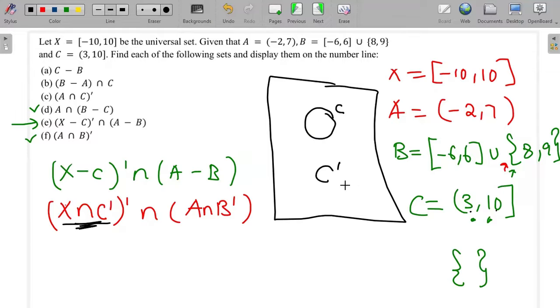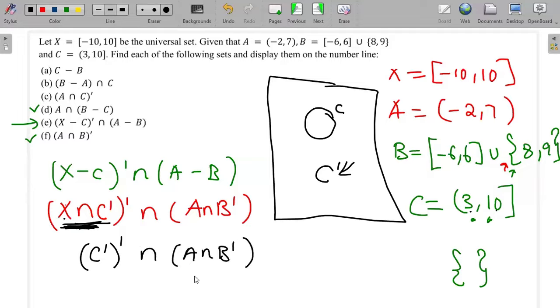Now, I want to intersect the C complement with the universal set. I'm just going to get the C complement itself. So inside the brackets here, universal intersecting C complement is just going to give me C complement. And then I still have that complement outside, intersecting A intersecting B complement.